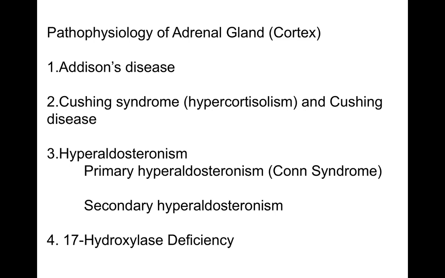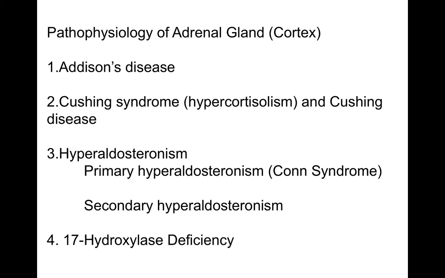It can be primary, it can be secondary. For primary, it is related with less cortisol and less aldosterone. When the amount of cortisol is less, this can lead to excess production of ACTH from the anterior pituitary.